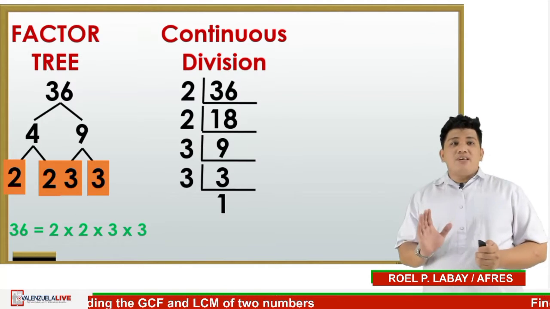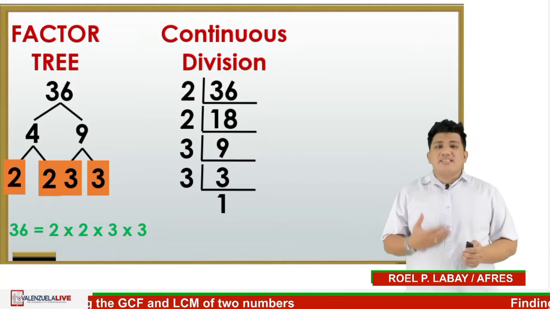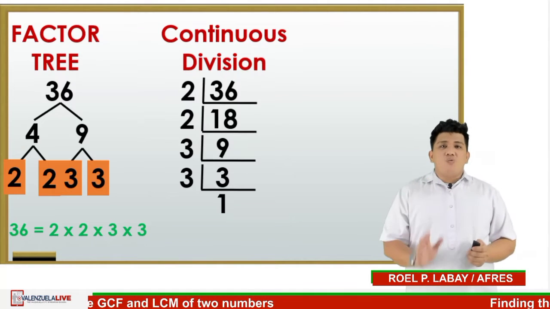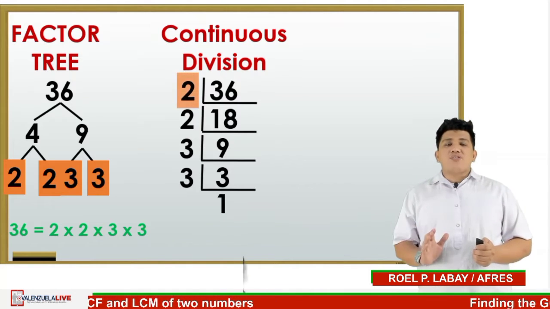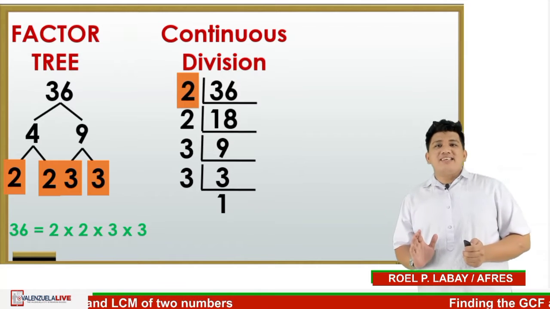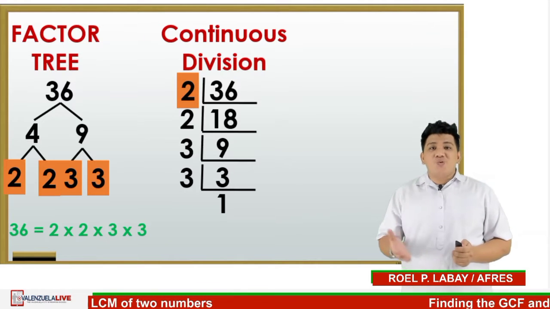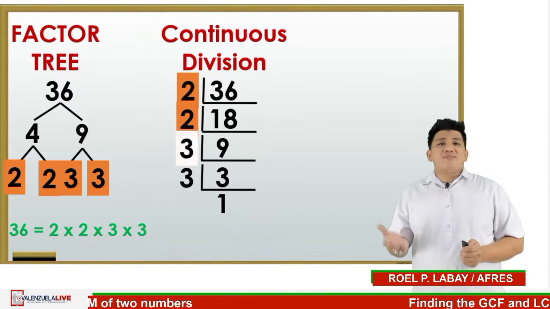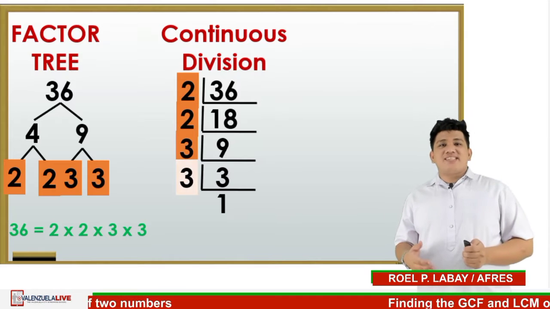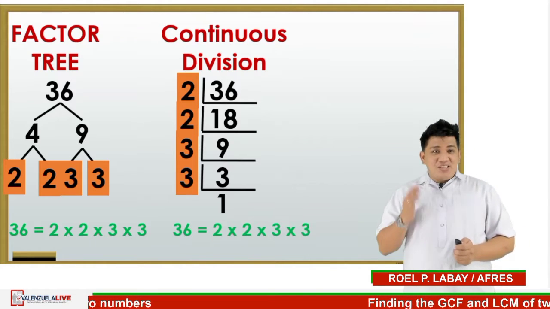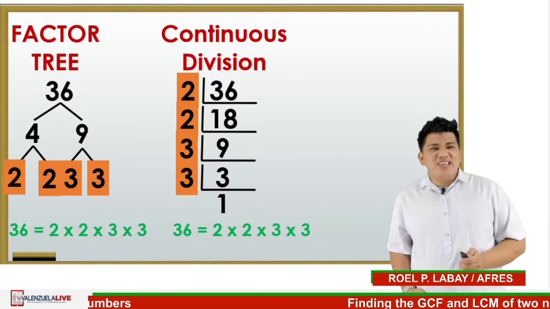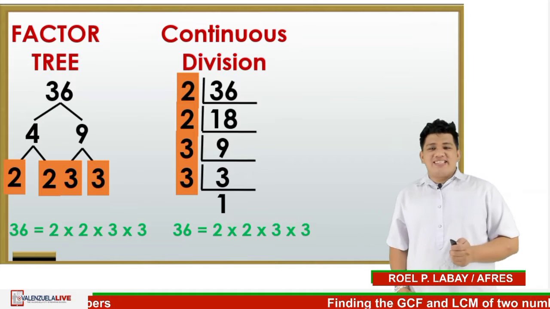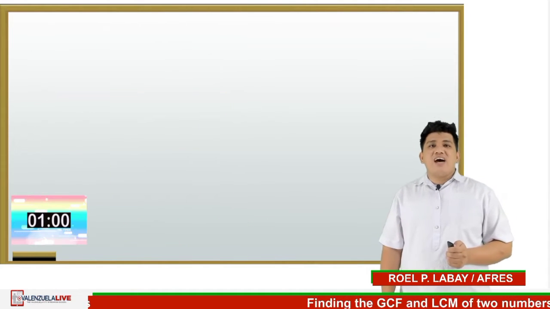We will stop the division process because the quotient now is 1. Therefore, the prime factors of 36 are 2 times 2 times 3 times 3. Did you get the same answer? Very good.